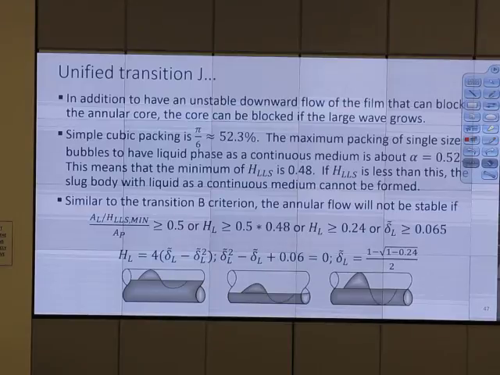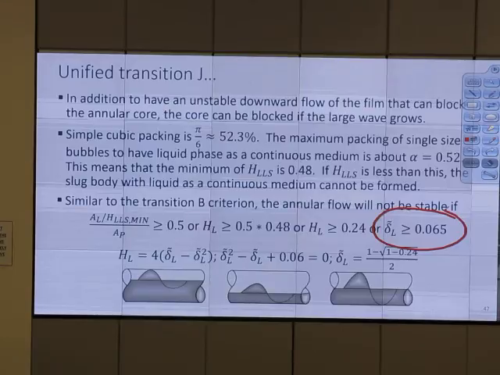So it's based on the same idea: if we have fluctuation in the film, and the liquid height is more than a certain thickness, then we cannot have annular flow, right? So it's like HLS equal to 0.35, but this time we have a better reason for it.